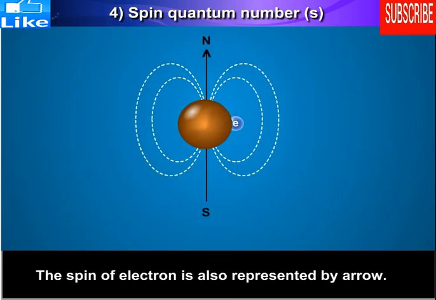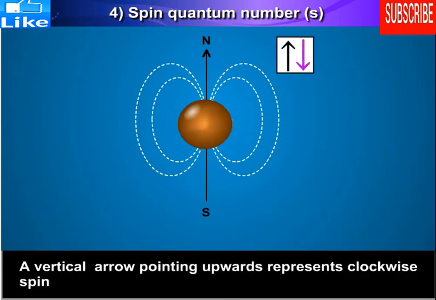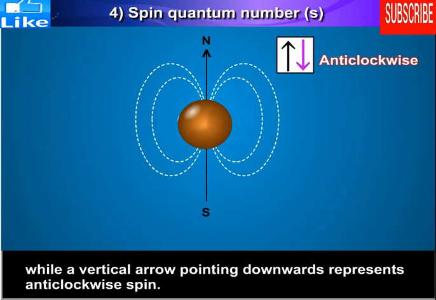The spin of electron is also represented by an arrow. A vertical arrow pointing upwards represents clockwise spin, while a vertical arrow pointing downwards represents anti-clockwise spin.